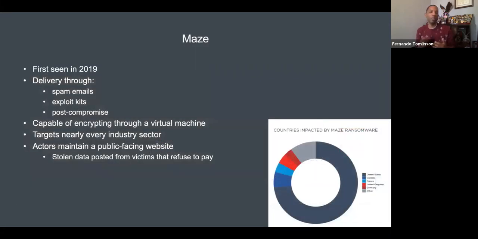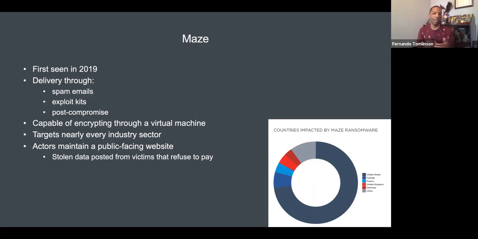All right, Maze ransomware, first seen the year before last, 2019. Emails, exploit kits, post-compromise. It's targeting nearly every sector of the industry. What's interesting about this is they've taken shaming an organization to a new level.